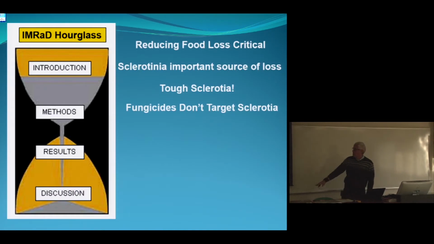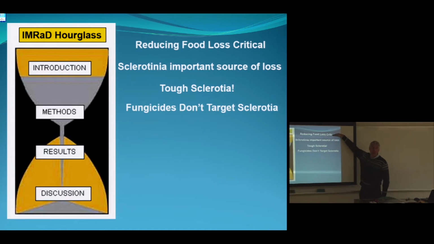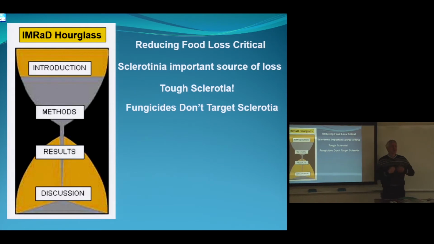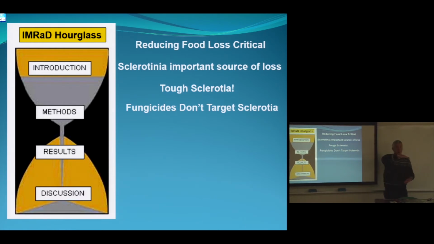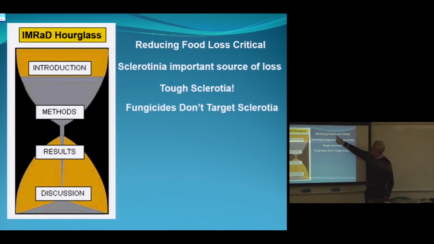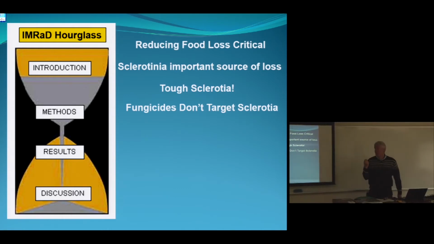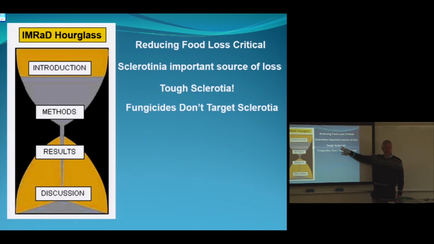Okay, so the logic of what they're doing is, first at the very basic context, reducing food loss is critical. Not just making more, but reducing food loss. And Sclerotinia is an important source of loss, is the second one. Then in the third one, of the Sclerotinia cycle, the Sclerotia are extremely tough.